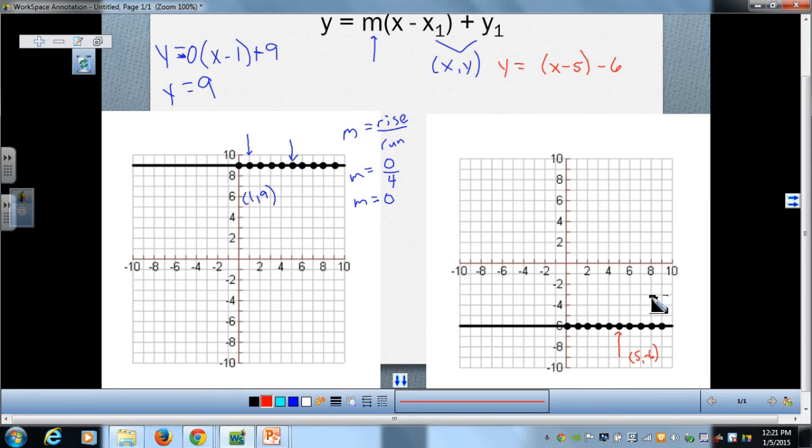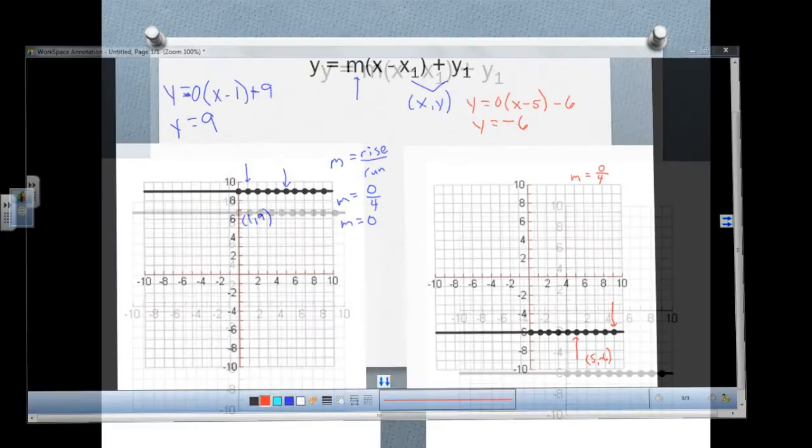Now, once again, I can pick any point I want, all right, to pair up with my first point. Once again, we can see that the rise is 0, and we have a run of 1, 2, 3, 4. And then once again, 0 divided by 4 is just 0. And so this simplifies to y equals negative 6. All right, so writing the equation of a horizontal line, not terrible at all.